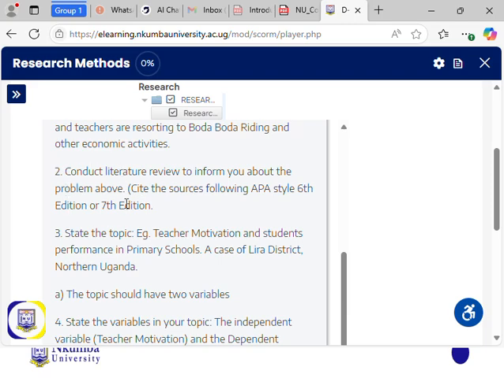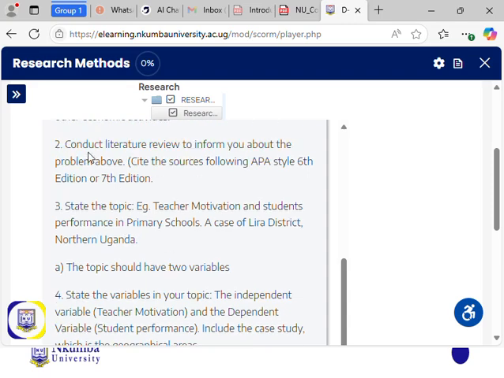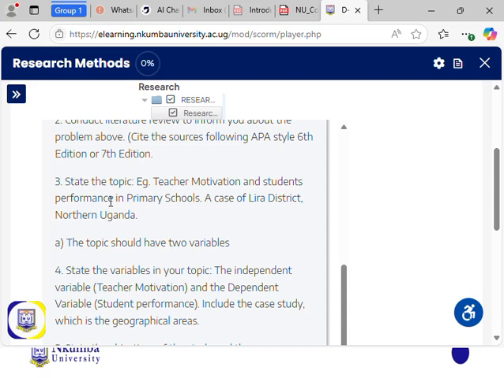You will see a section called literature review and relevance of literature review. But this stage is called review the what? Literature about the problem. Then you look at the problem and state a topic that corresponds to that problem. For example, I gave you an example from the problem we have tried to state up there, and said teacher motivation and students' performance.